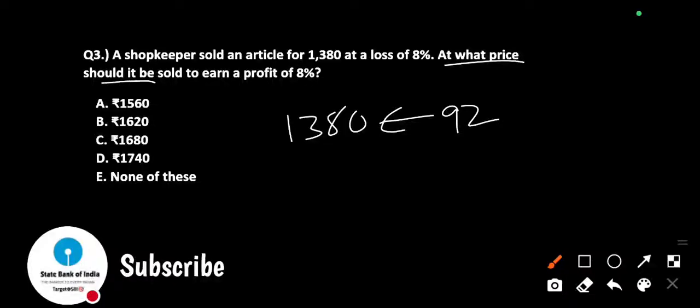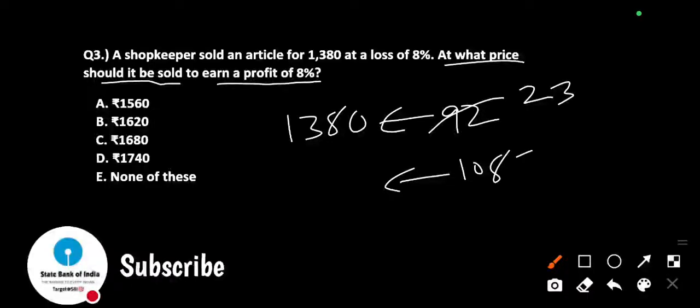At what price should it be sold to earn a profit of 8 percent? So we are asked about the 108 value. 92 means 23 times 4, so 1 percent is 15, and 6 times 23 will be 138.